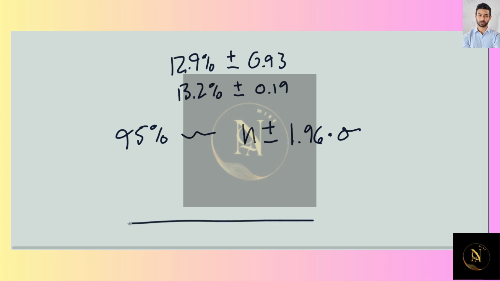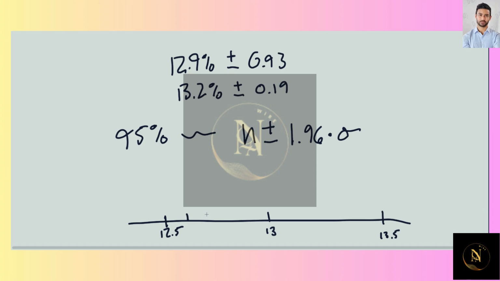Let's try this. Let's do, I don't know, 12.5 over here and 13.5 over here. Let's see. So that's a range of 1. All right, so this should be 13.